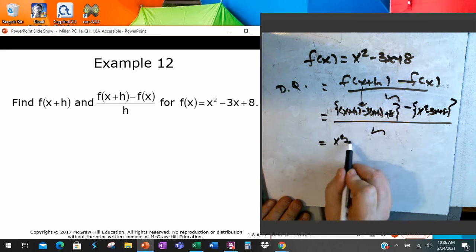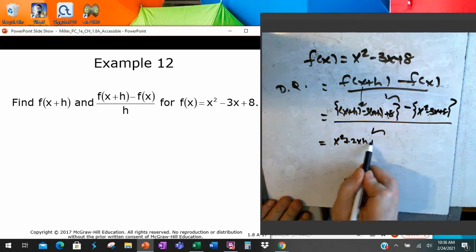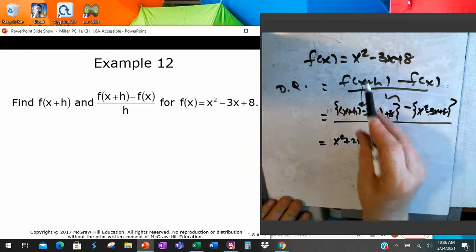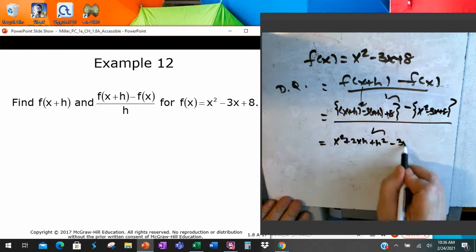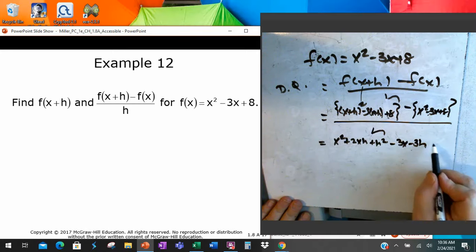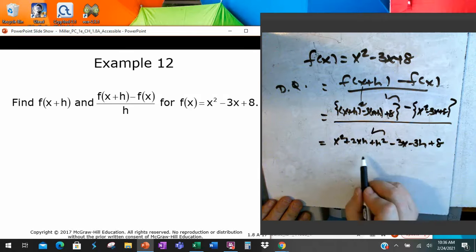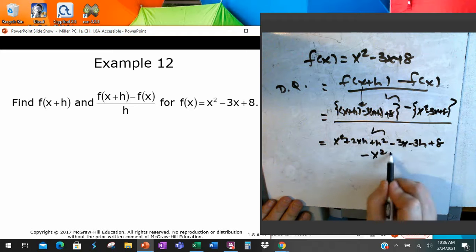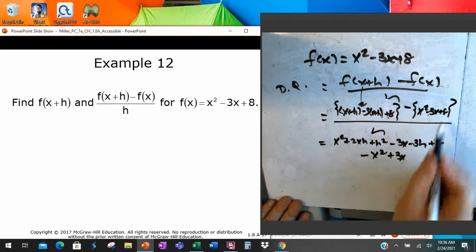Again, that would just be the x squared plus 2xh plus h squared minus my 3x minus 3h minus 3x minus h plus 8. And then I want to subtract off my x squared, so minus x squared plus 3x minus 8.